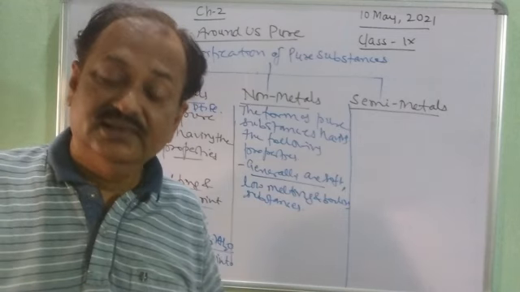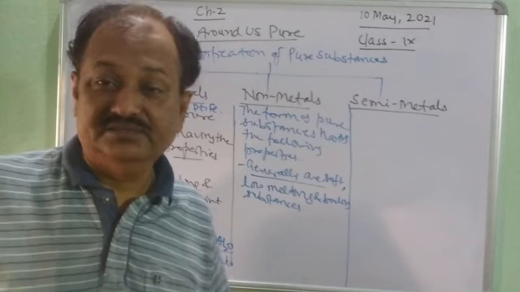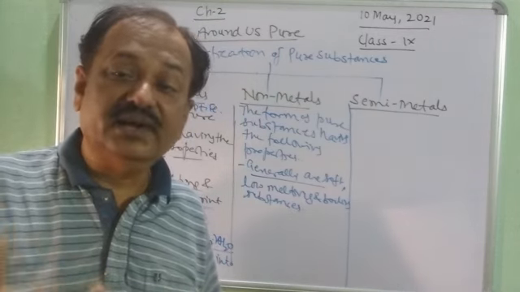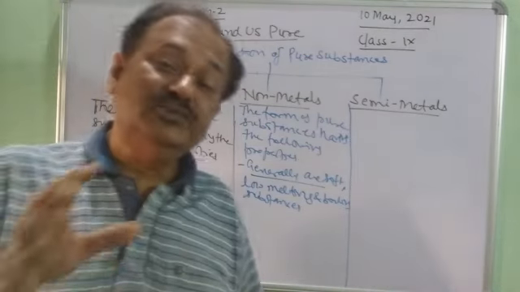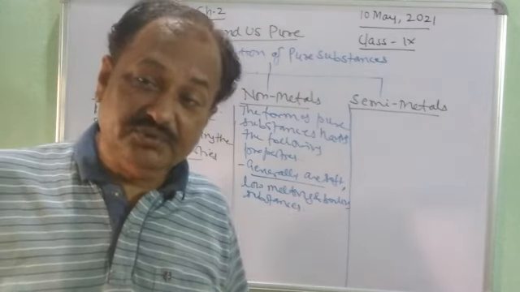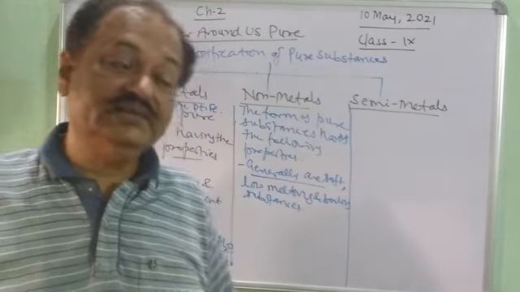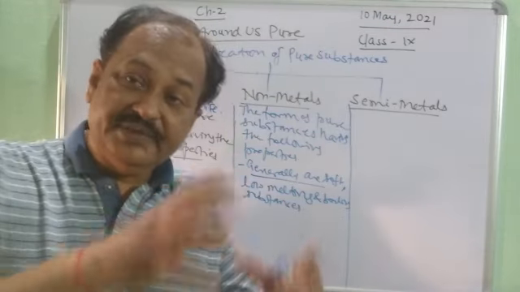This time, you all must have seen in the news about oxygen in this time of COVID. Oxygen required. And we cannot prepare oxygen easily because its melting point, its boiling point is very, very low. Oxygen is obtained from the air.